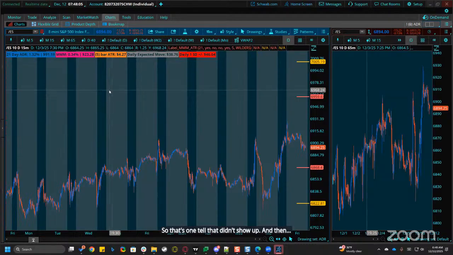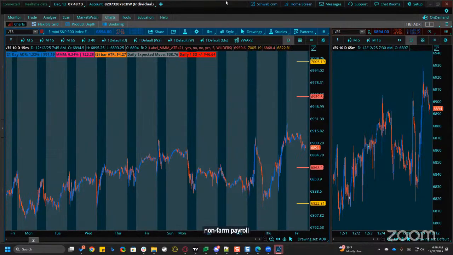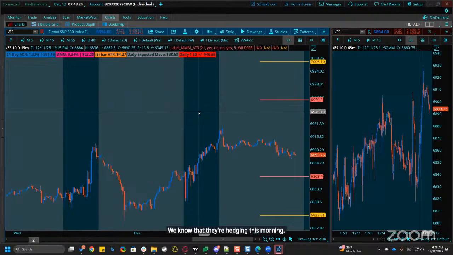And then, normally we know what the headlines would be. They would be worried about CPI, PPI, non-farm payrolls, something like that. And we don't have that this morning. So that's another tell that's missing. And yet, because that tag is here, we know that they're hedging this morning. This isn't my opinion. I'm not guessing or assuming. I'm telling you for a fact that they are hedging.